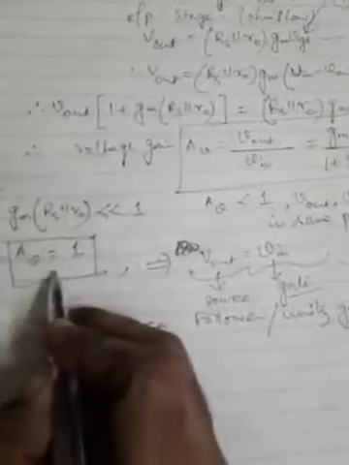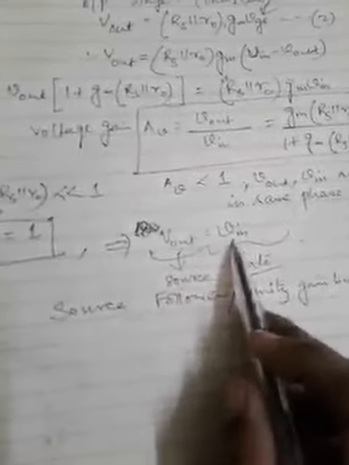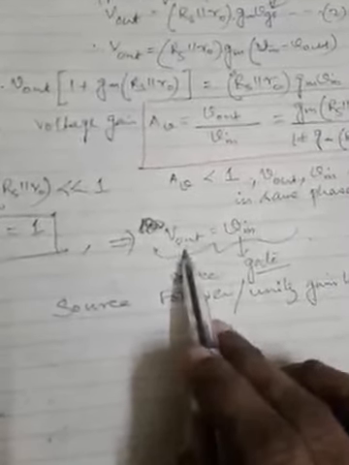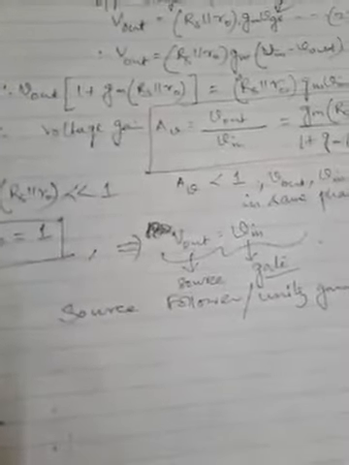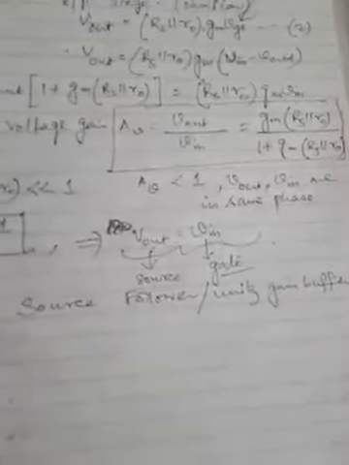Why unity gain? Because the gain is 1 in this case. And buffer because V out is following V in transparently. There is no difference. Whatever is V in should be reflected at V out. So this is called buffering. The concept of buffering means there is absolute transparency, that is, equality, between the input and output side. So this can also be called unity gain buffer, like the common collector amplifier with the BJT.